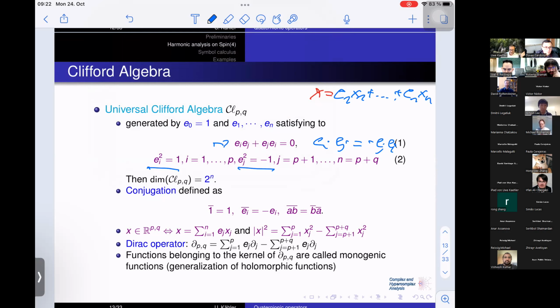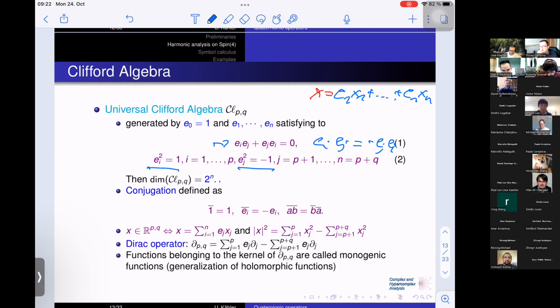If you go one dimension higher, Cl_{0,2} would be the quaternions, where you have three elements that are all anti-commuting and all square to -1. If you want Minkowski space, the first one squares to +1 and the other three square to -1, so time and space.